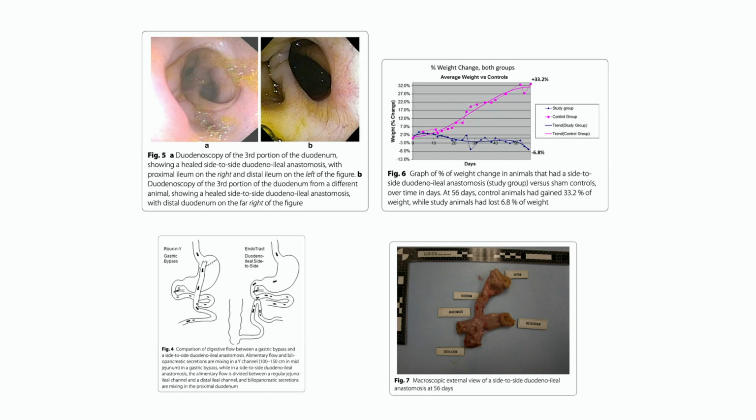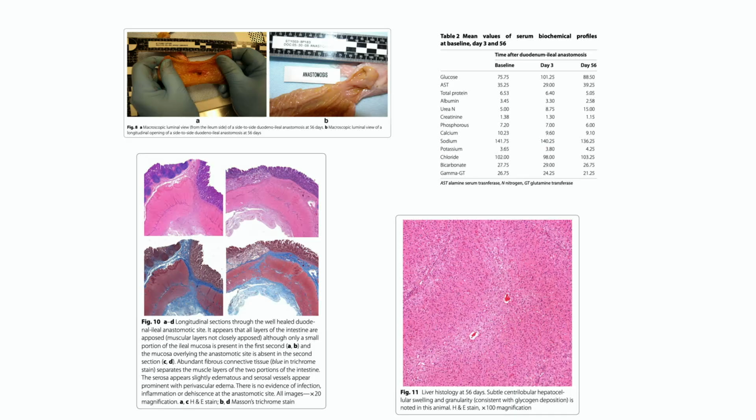Compared to control, these are growing animals in pink. They were growing their weight versus the animals who had the bipartition, who maintained their weight, as these were growing smaller pigs. We were worried about effects on biochemistry and on the liver, and we did liver histology.